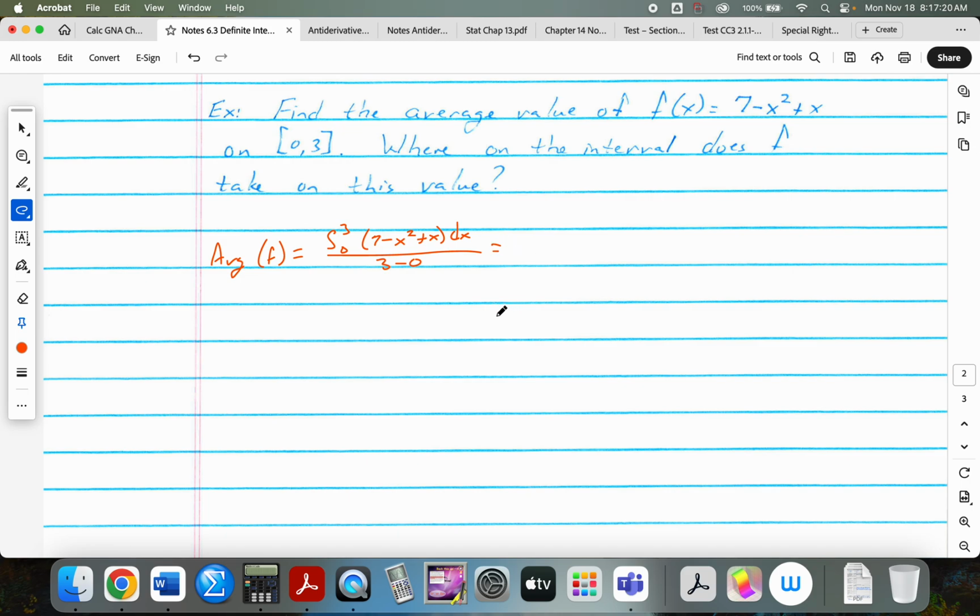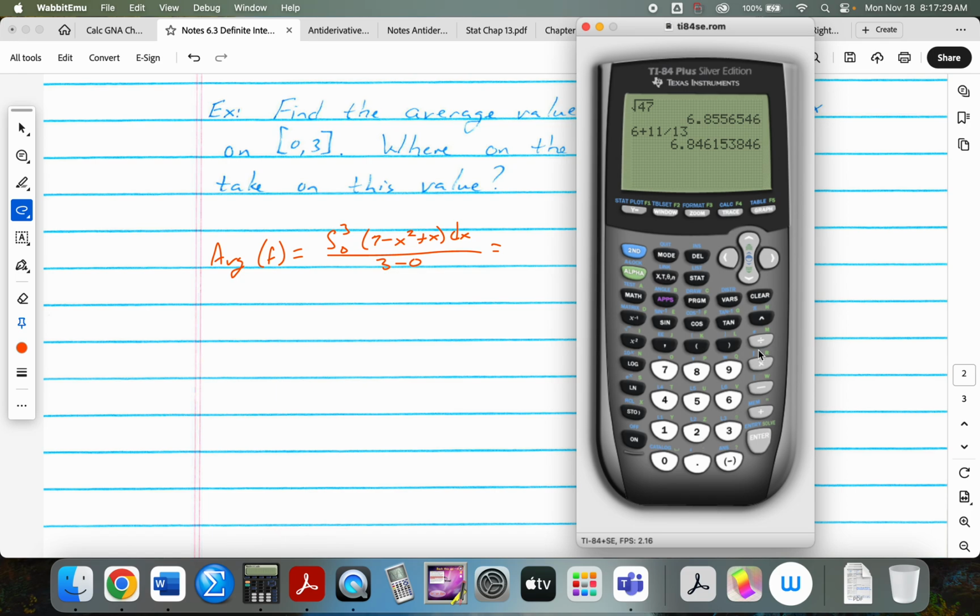Since you don't know rules for antiderivatives for these yet, you'll learn them a bit later, we're going to do this on the calculator.